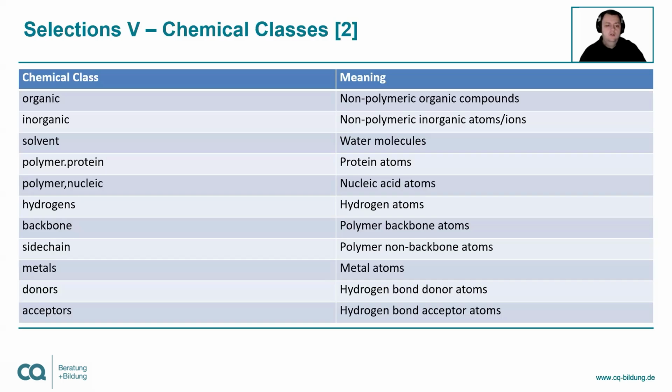Metals allows users to pick only metal atoms or metal ions, and donors and acceptors allow users to pick hydrogen bond donor atoms and hydrogen bond acceptor atoms throughout the different structures.